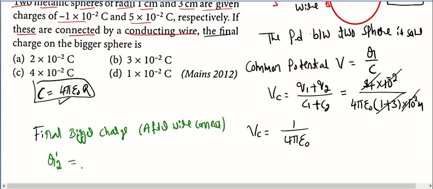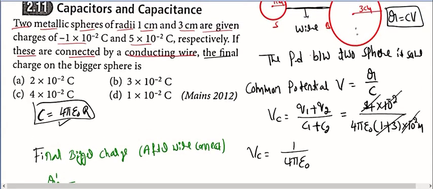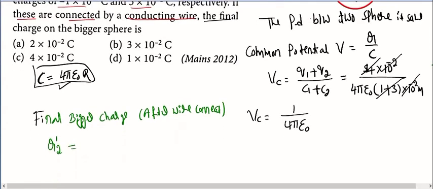So Q2 dash is equal to, we know that formula, this is C2, this one is C1. Bigger means C2, into the common potential.